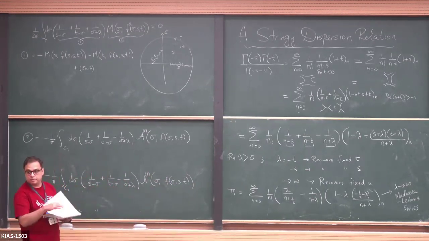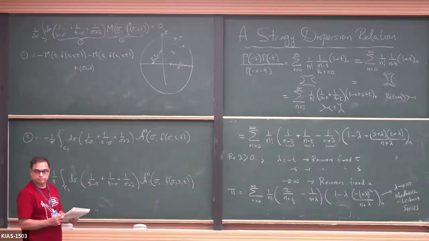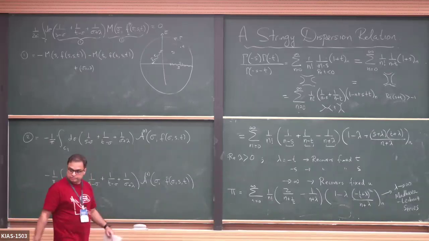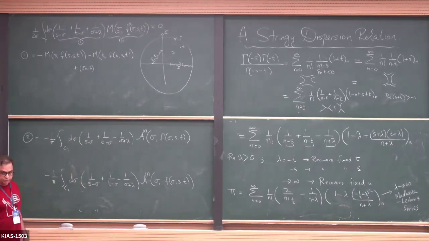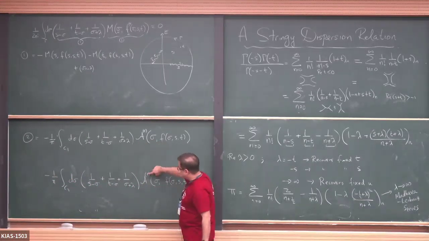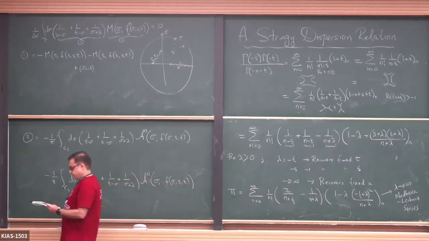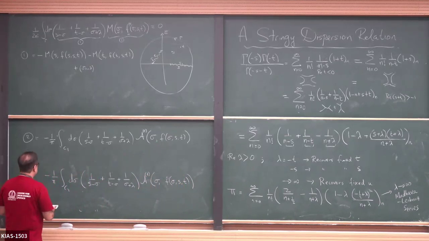Everybody happy so far? Discontinuities, yes. So these A's are the discontinuity in the first variable. This AT is the discontinuity in the second variable. Okay.